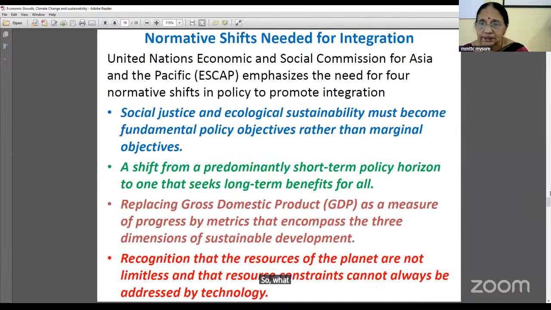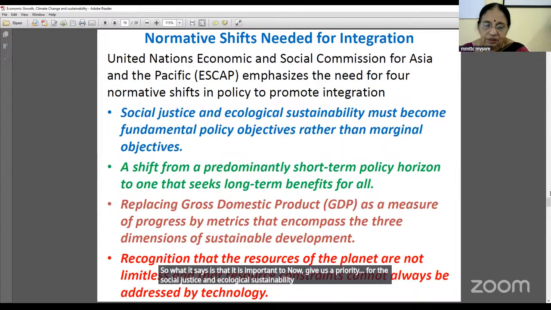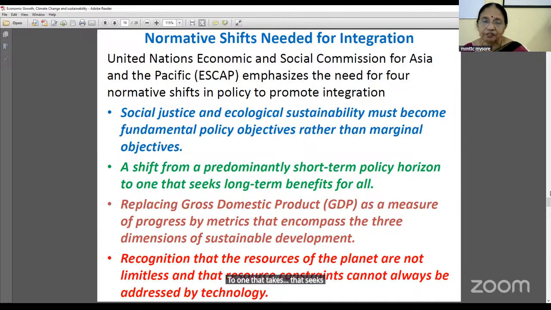So what it says is that it is important to give first priority to social justice and ecological sustainability. The second shift that is needed is from a predominantly short-term policy horizon to one that seeks long-term benefit for all.